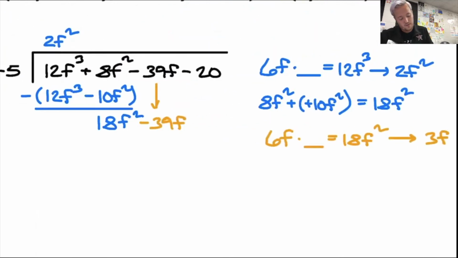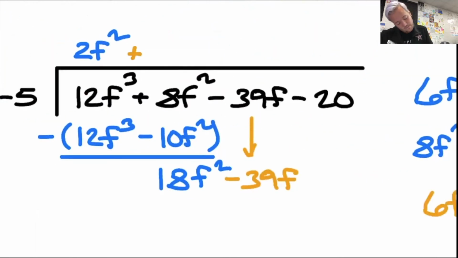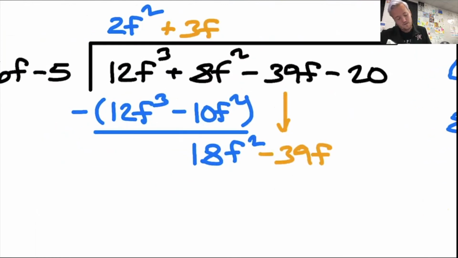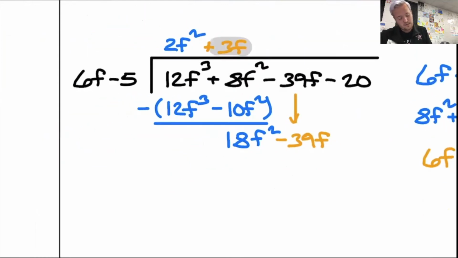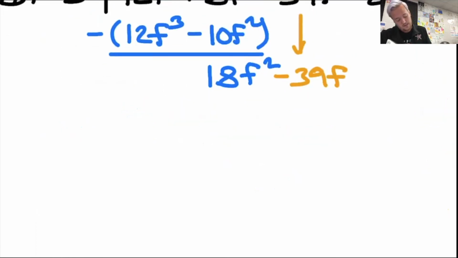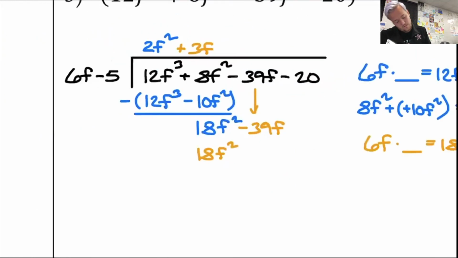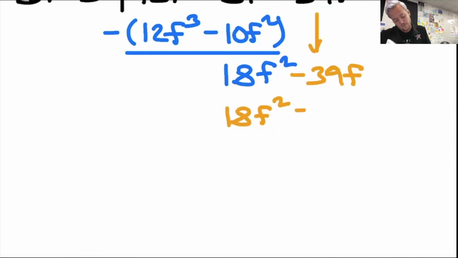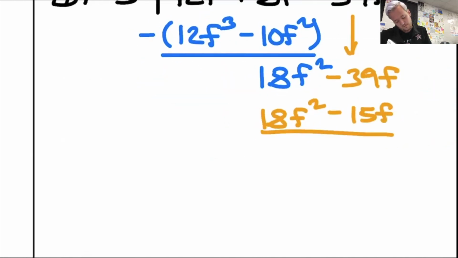So 3f I write across the top. And now I'm going to do 3f times 6f minus 5. So I'm going to have 18f squared, and then 3f times negative 5, which is negative 15f. Then I'm going to subtract.